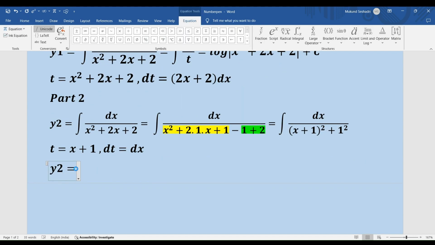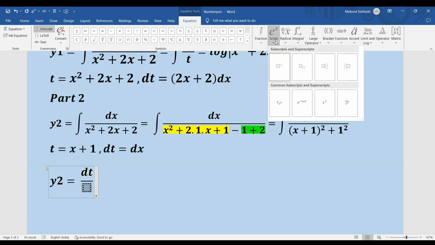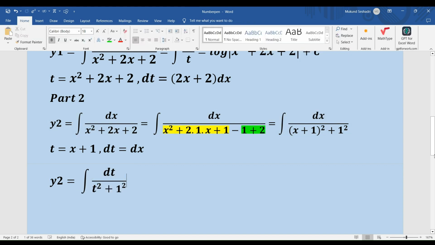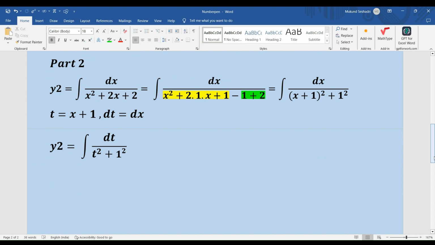My numerator becomes dt and my denominator becomes t square plus 1 square. So now you see my y2 is of the form integral of dx by x square plus a square, just that in place of x you have t, right?